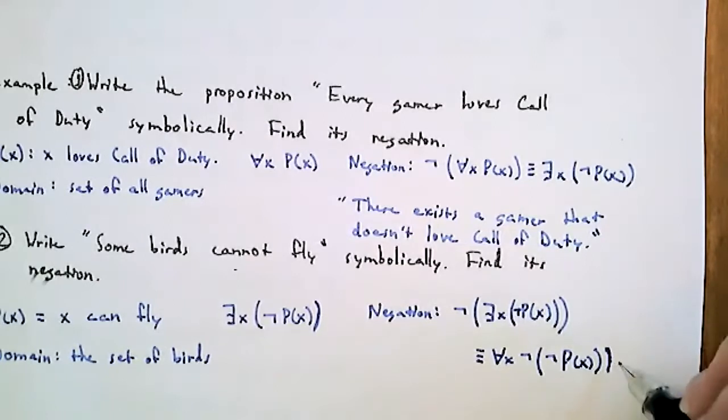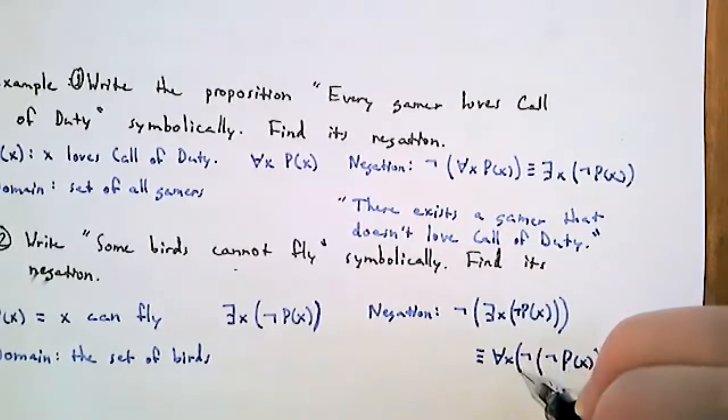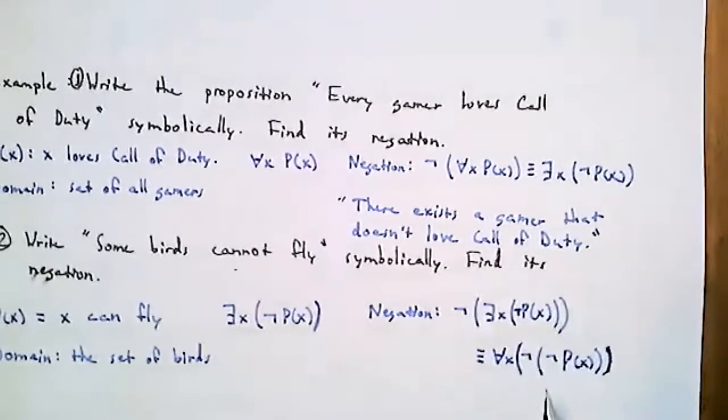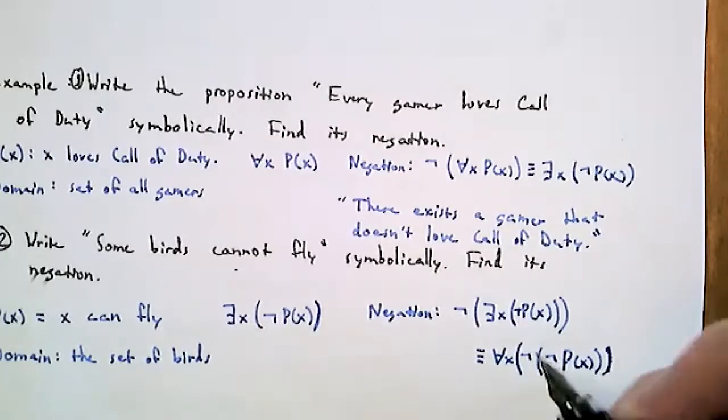So we have a negation of a negation. What happens? Does anything happen when you have two not symbols? They cancel, right, a double negative.